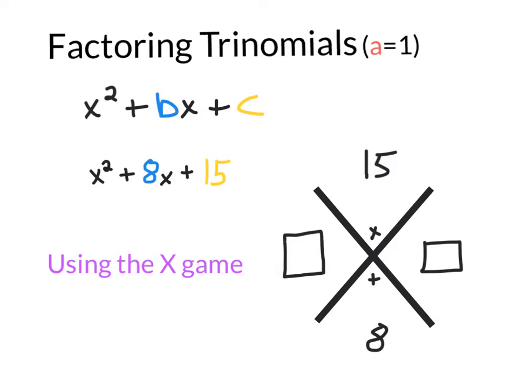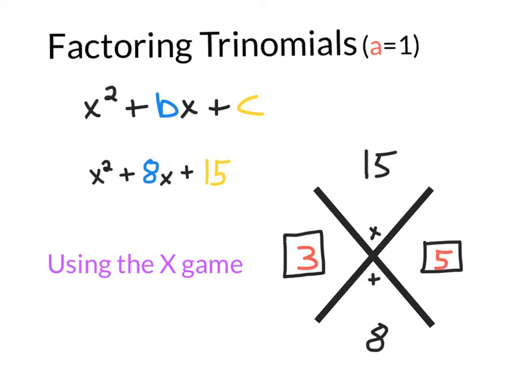And if you think about the multiples of 15, well, the multiples of 15 are 1 times 15 and 3 times 5. Well, 3 times 5 equals 15, and 3 plus 5 equals 8. So our factors that we use are going to be 3 and 5.